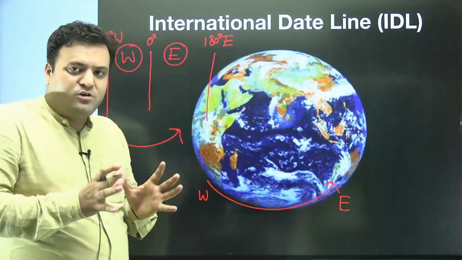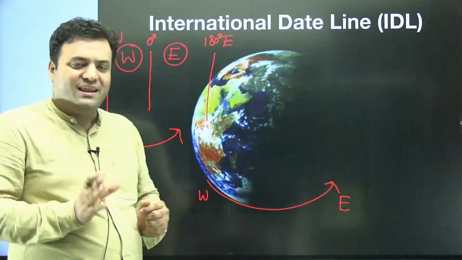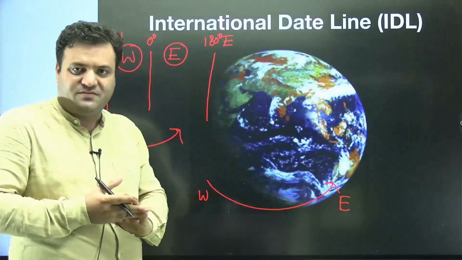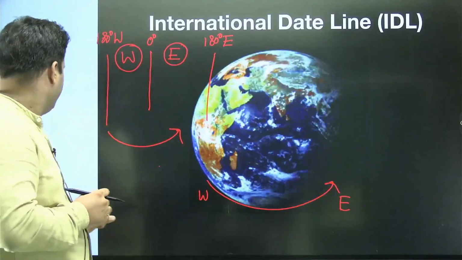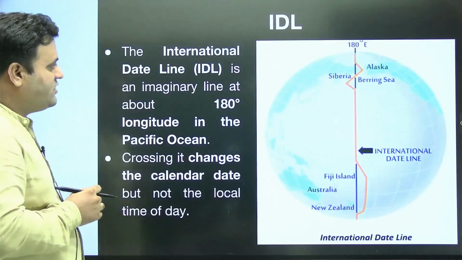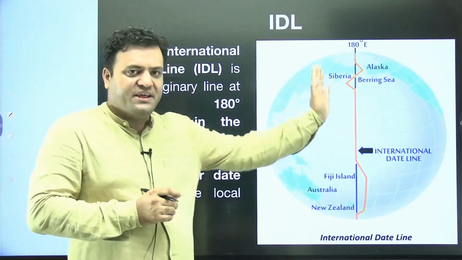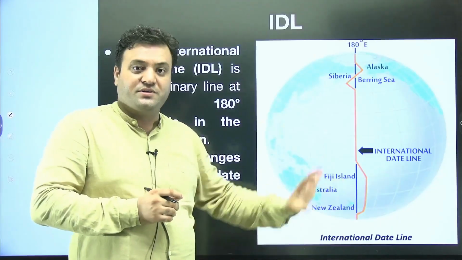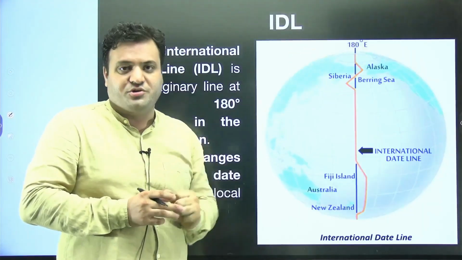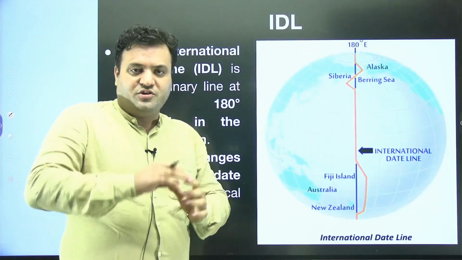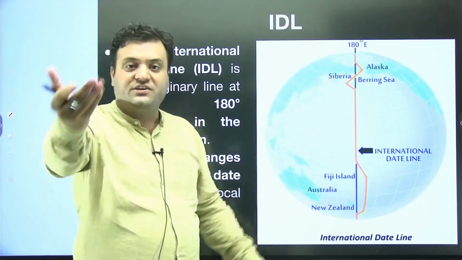So in order to determine the time zone, we have one line, which is 180-degree east. I hope you remember the circle of illumination concept. Here, if you see, we have 180 degrees, which is the longitude on the opposite side of the prime meridian, that is, the extension of the 0-degree longitude on the opposite side of the sphere.